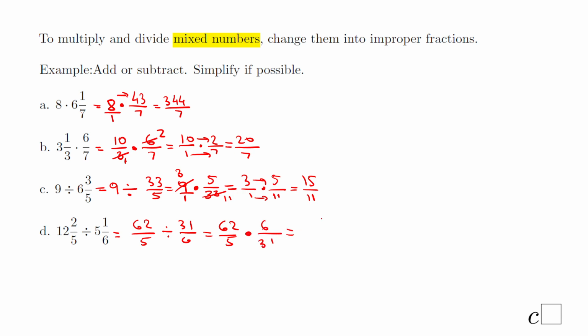And here it pays off if we take a look and notice 31 goes into 62 2 times. So that is an easy way to do it. So we have 2 over 5 times 6 over 1, and that will be 2 times 6, 12. 5 times 1 is 5, and that's it.